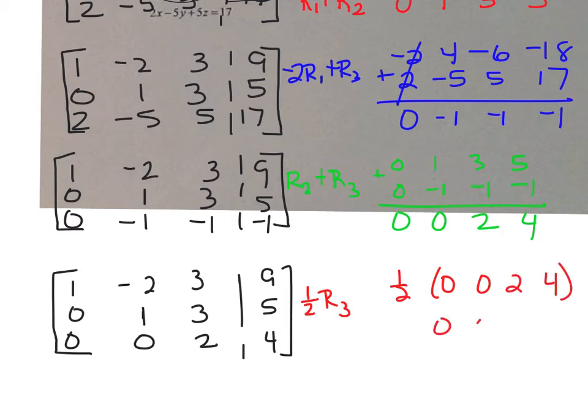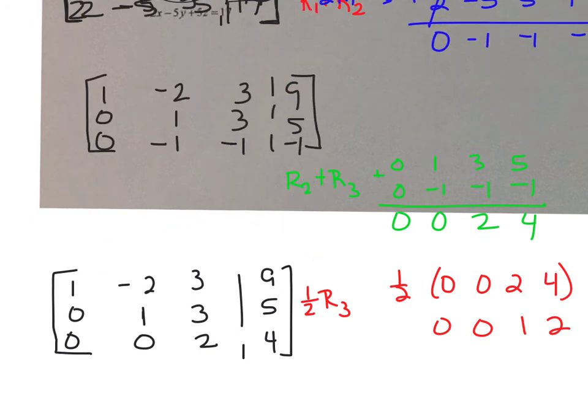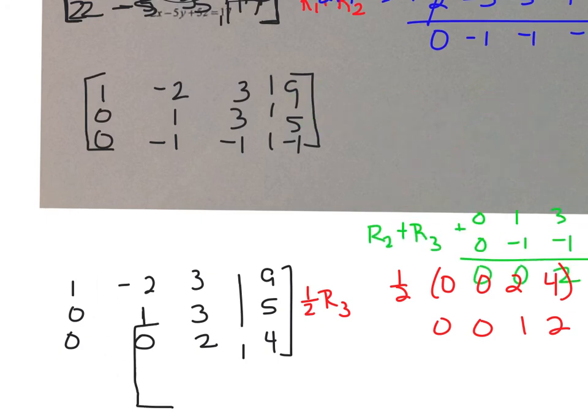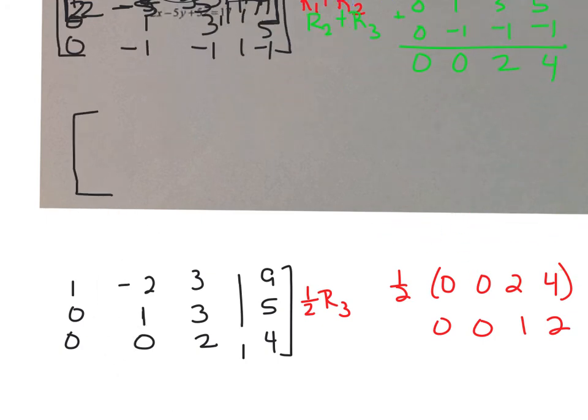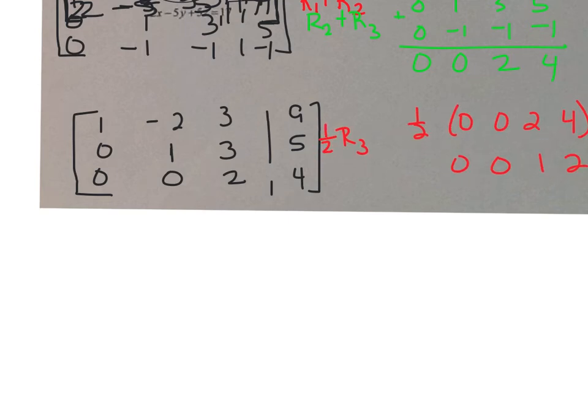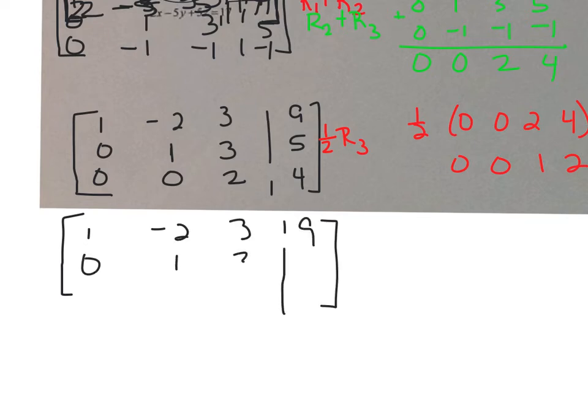So I get 0, 0, 1, 2. Okay, so my new matrix is going to be 1, -2, 3, 9, 0, 1, 3, 5, and then 0, 0, 1, and then 2.